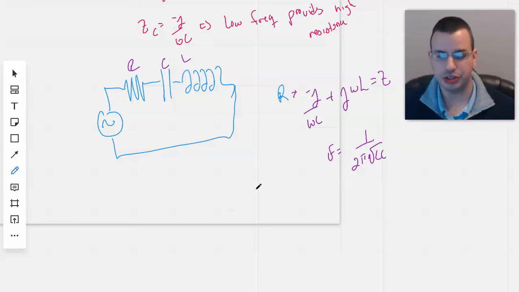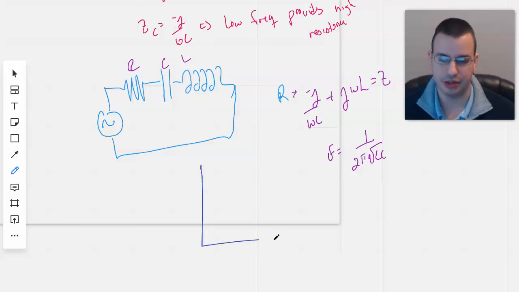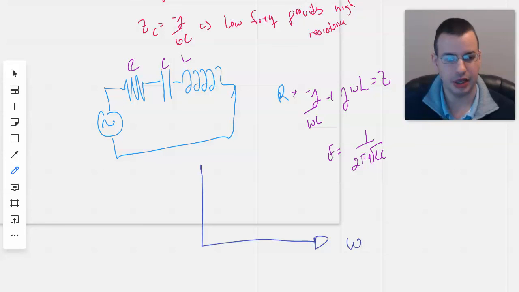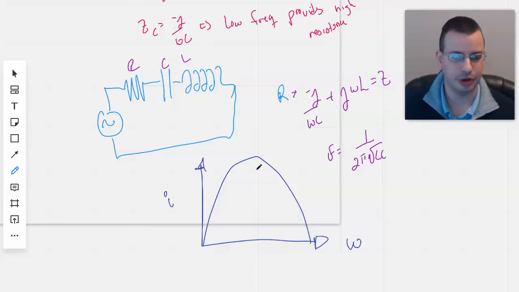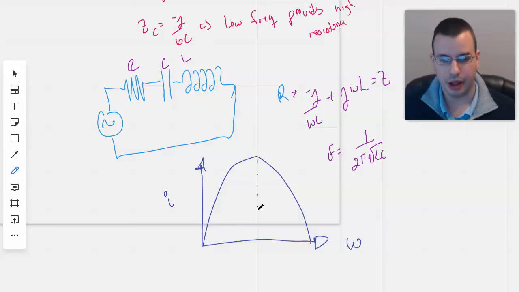And so if you have a graph, so to speak, where this is maybe frequency, this is angular frequency, 2 pi f, and current, the amount of current that's being allowed to pass through, then you would get something like this. It wouldn't actually go to 0, but we're going to say it does for now. And you get some point in the middle, we have maximum frequency that's allowed to go through this.